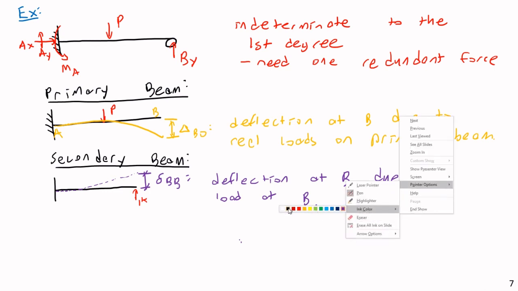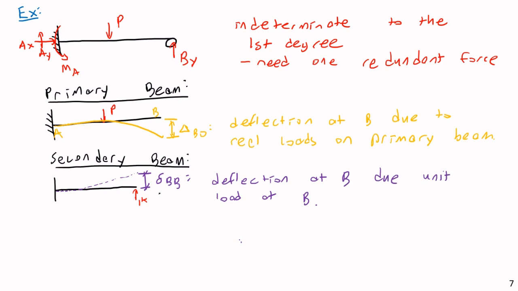What we are saying is that deformation in linear elastic systems is proportional to load. So I know that a 1 kip load will cause deformation delta BB at point B. So the deformation from the actual support BY is going to be, if this is, say, 10 kips, 10 times this.